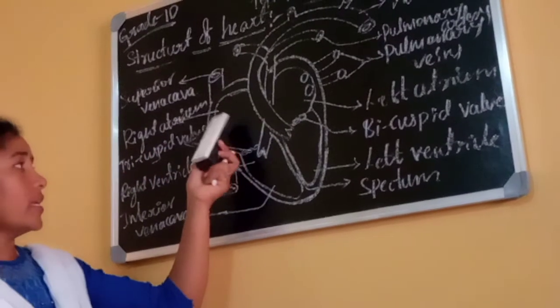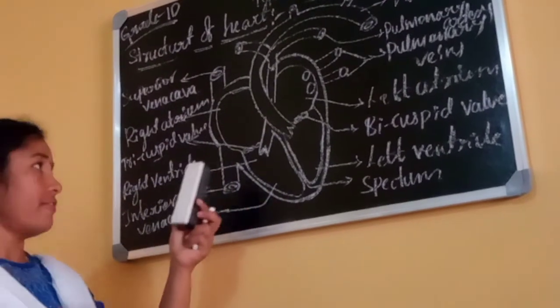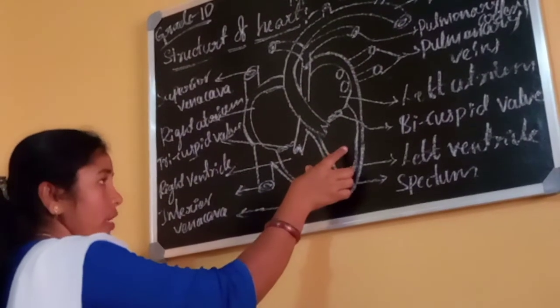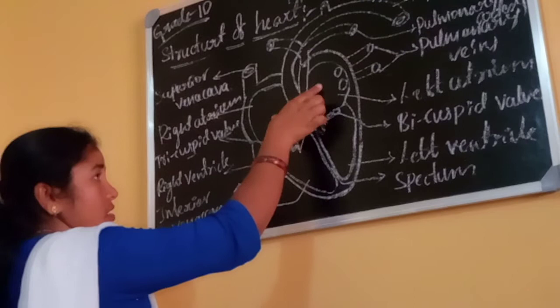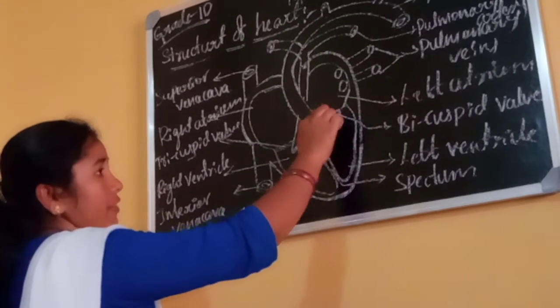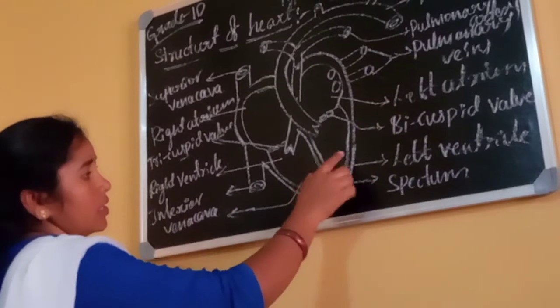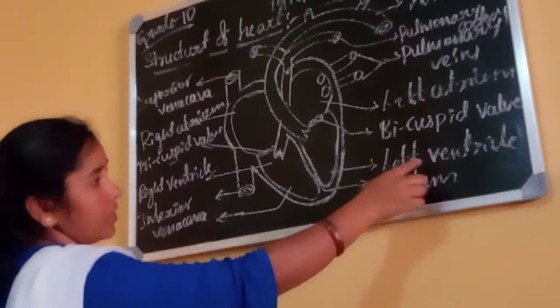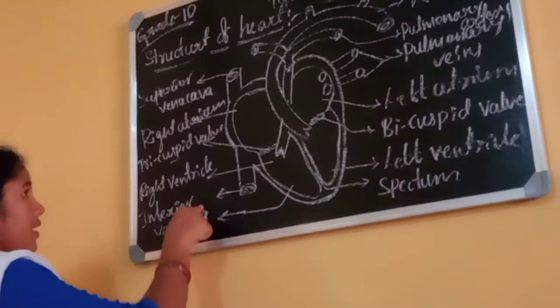The heart consists of 4 different chambers: upper 2 chambers and lower 2 chambers. Upper chambers we call atria, in singular atrium, the left atrium and right atrium. The lower chambers we call the left ventricle and right ventricle.